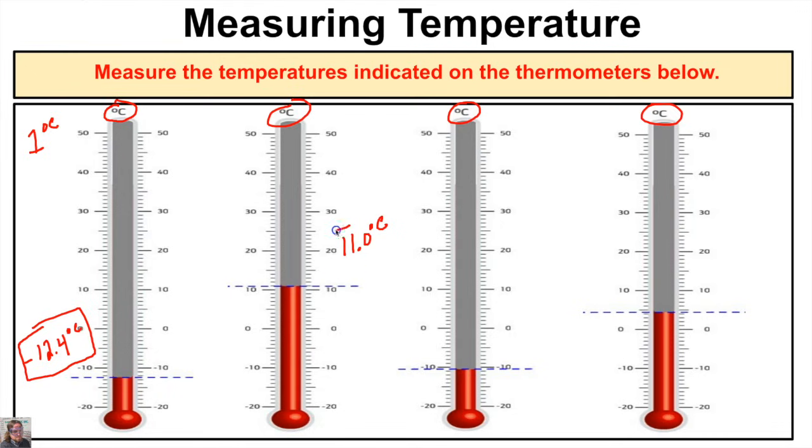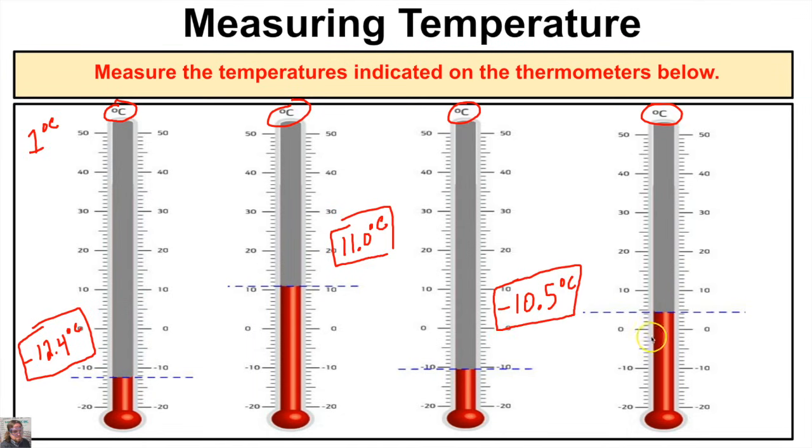So we have to add the 0 here. So the temperature on this thermometer reads 11.0 degrees Celsius. Let's take a look at this example right here. We have -10 degrees. It's not quite a -11, so we'll call this -10.5 degrees Celsius on this thermometer here.